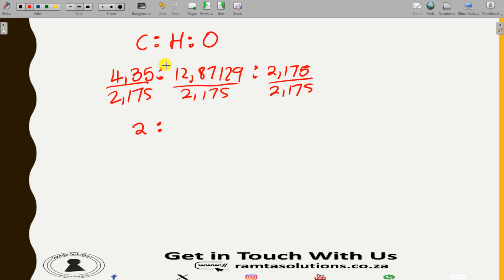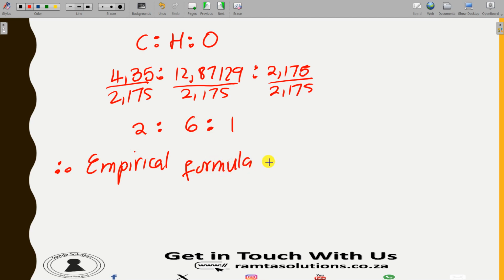Here we have 12.87129 divided by 2.175, which is 5.917 and so on, equivalent to 6, and then obviously this is 1. Therefore, the empirical formula is C2H6O.